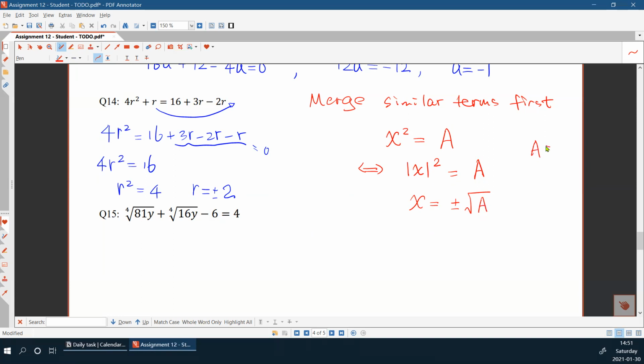Of course, a here is a positive number or a 0. Okay? Do not forget the minus sign. Okay, any questions? No? All right, let's move on.